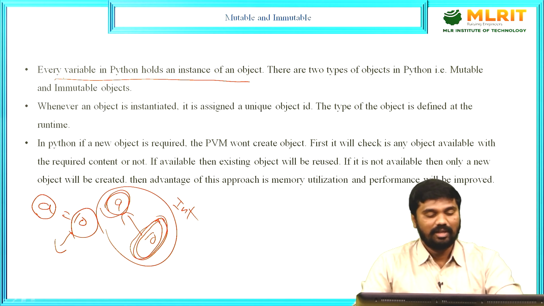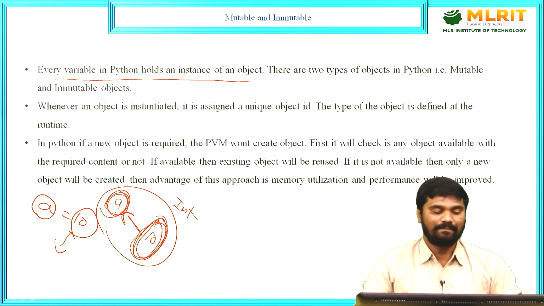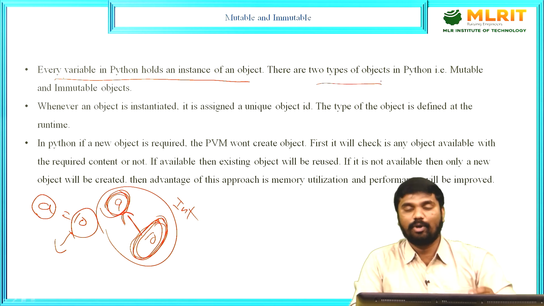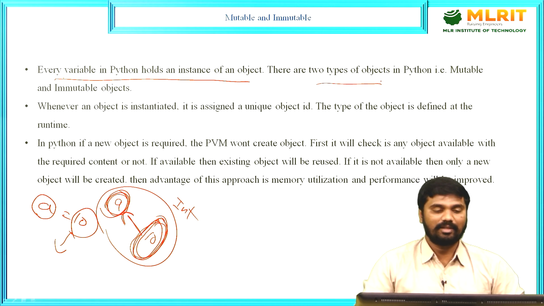So here the int class object contains the value 10, and it is held by the variable a. That's why we refer to it as a. There are 2 types of objects in Python: mutable objects and immutable objects. We'll discuss them one by one.